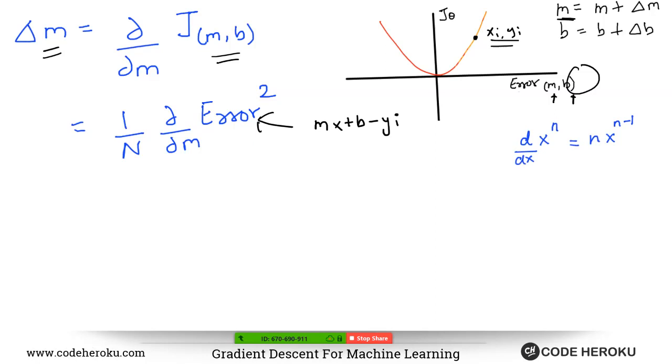So what will be d by dm error square if d by dx x raised to n is n x raised to n minus 1? And right now you don't even have to substitute with respect to error.